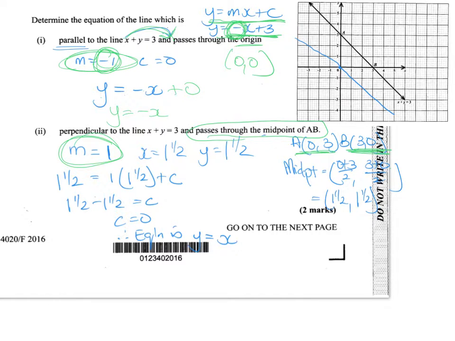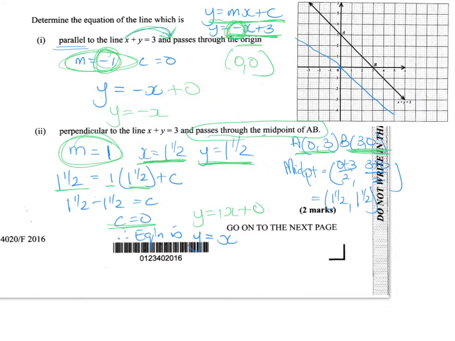So the midpoint is 1.5, 1.5. So x is 1.5 and y is 1.5. We substitute into the equation y equal mx plus c. We solve for c and we see that c is 0.